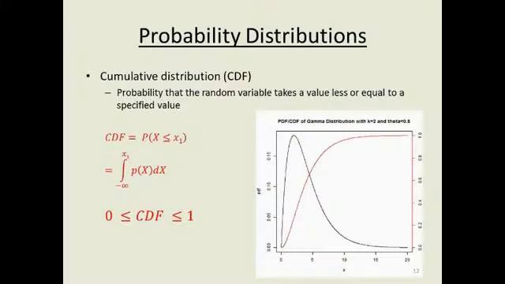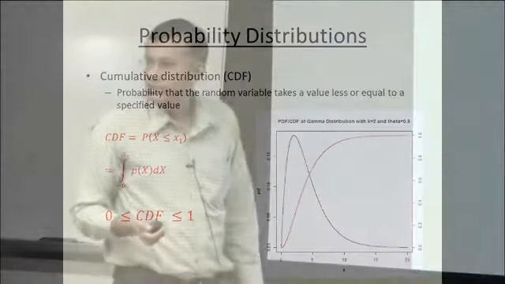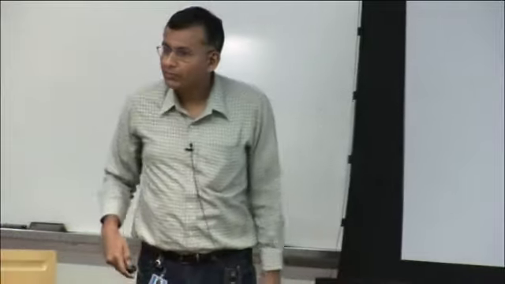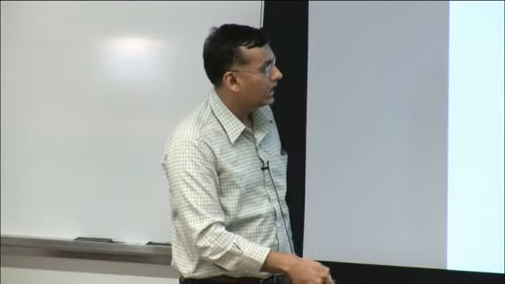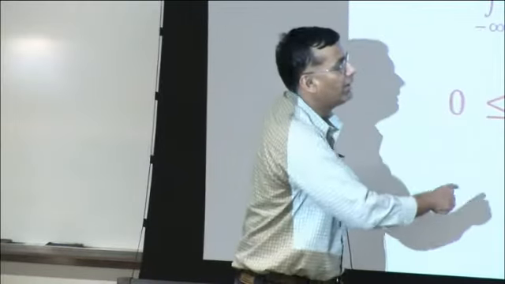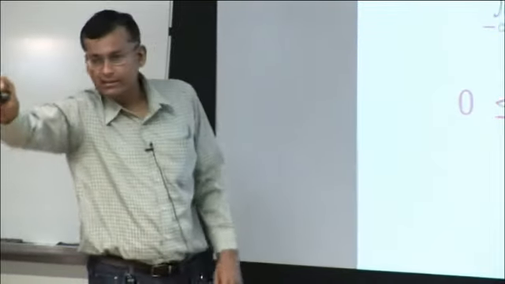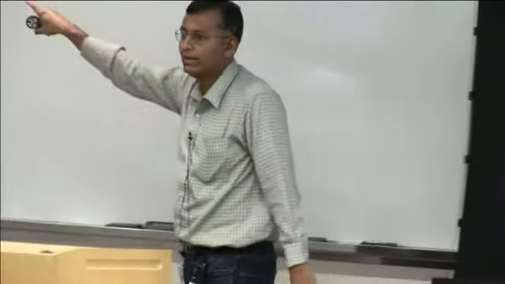So for the same distribution here, the red curve shows the cumulative distribution function. In the case of a normalized PDF, the red curve, as you can see here, starts off at 0 at very low values of the random variable and nicely settles down to around 1 as you go to higher and higher values of the random variable.